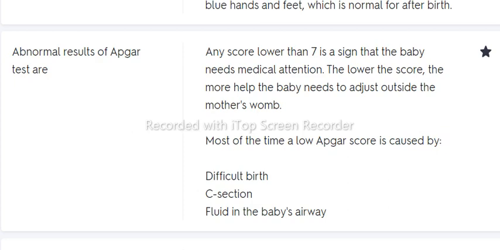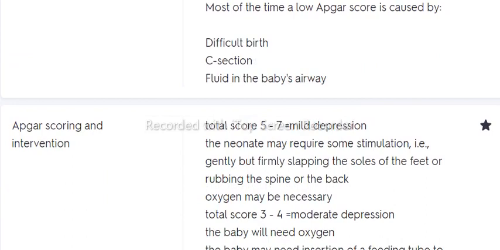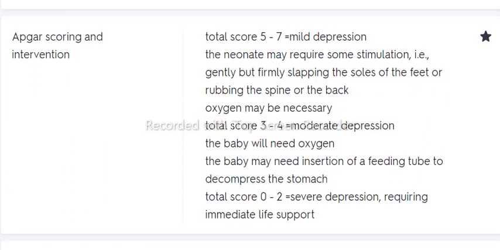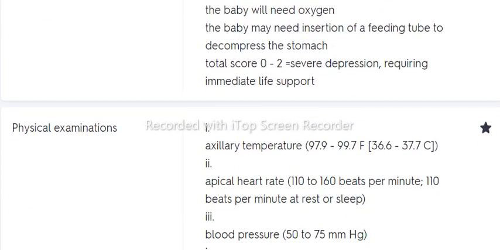Most of the time a low Apgar score is caused by difficult birth, C-section, or fluid in the baby's airway. Apgar scoring and intervention. Physical examinations.